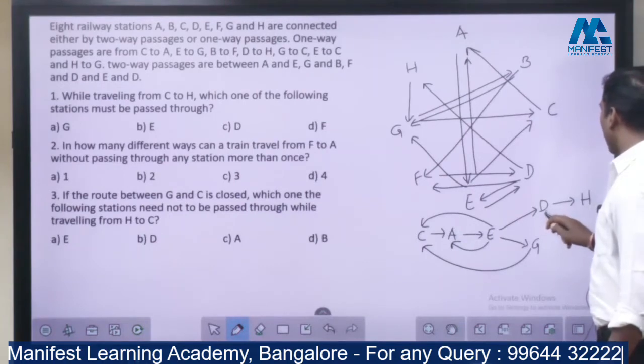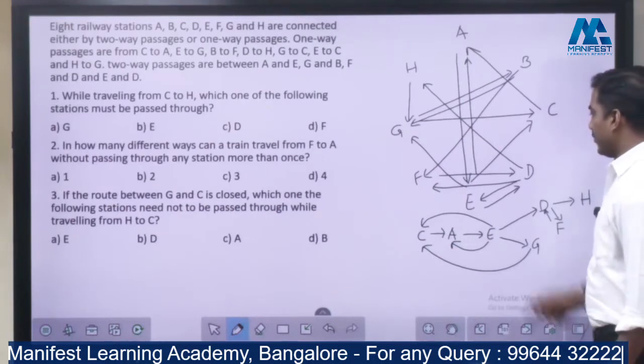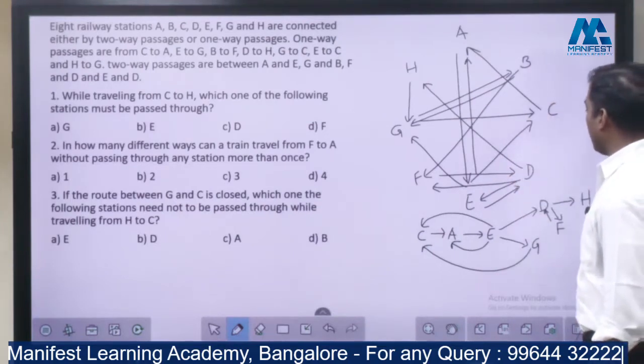But from F, there is only one outlet and one inlet. And it will come from B. Again, it will be complicated.